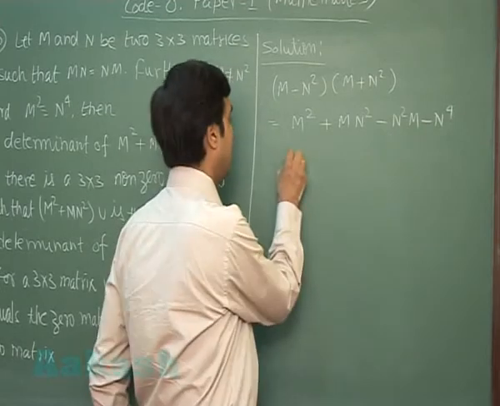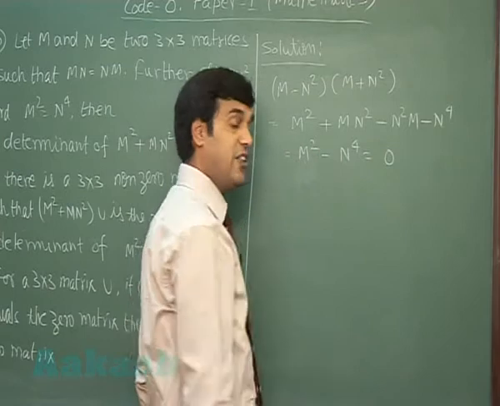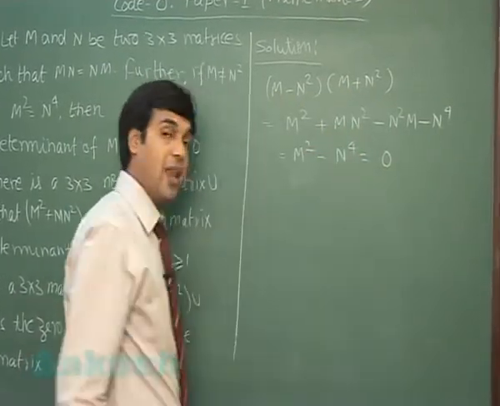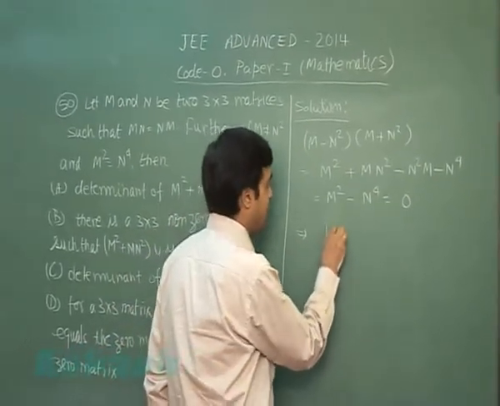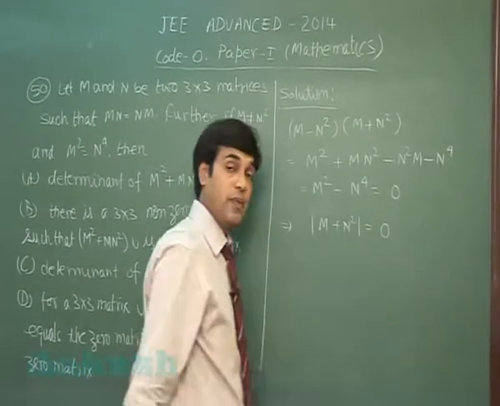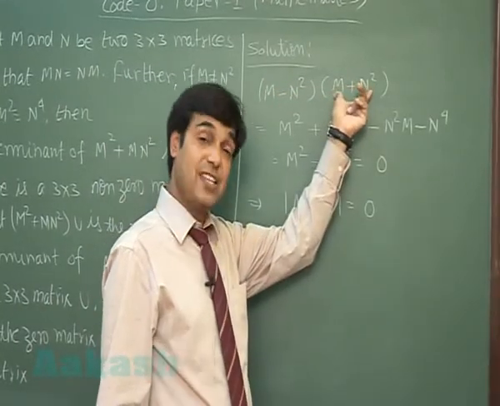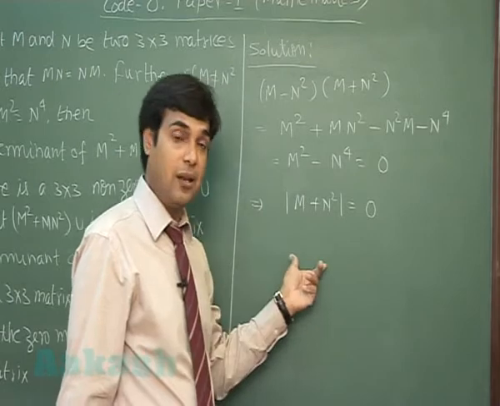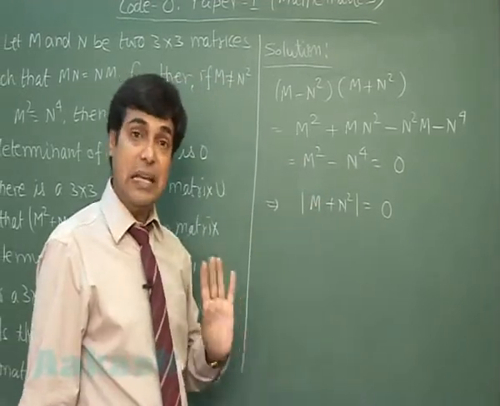We are left with M square minus N to the power 4, which is the null matrix as given, meaning the product of these two is null. That gives me a straight conclusion that the determinant of (M plus N square) is 0. Since M minus N square is a non-null matrix, M plus N square has to be a singular matrix, or it can also be null. So the determinant of M plus N square is necessarily 0.